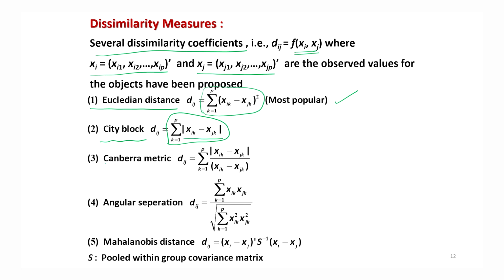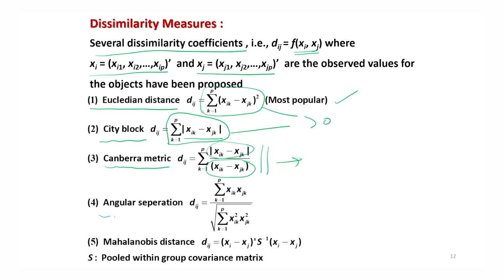There is another measure here which is called the Canberra metric, which is defined like this: summation of the ratio of the absolute difference between xik and xjk divided by the simple difference, that is xik minus xjk. So this Euclidean distance and city block will always be greater than 0, but this Dij can be negative also under the Canberra metric, right?